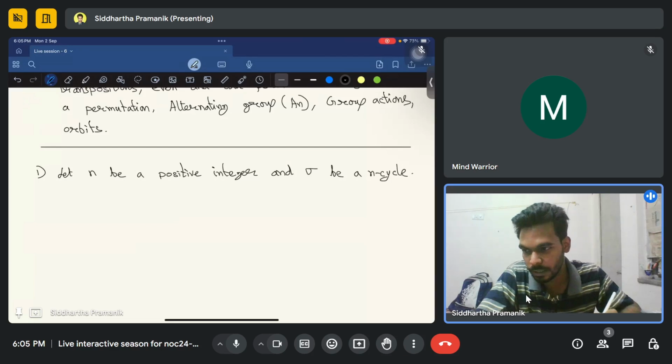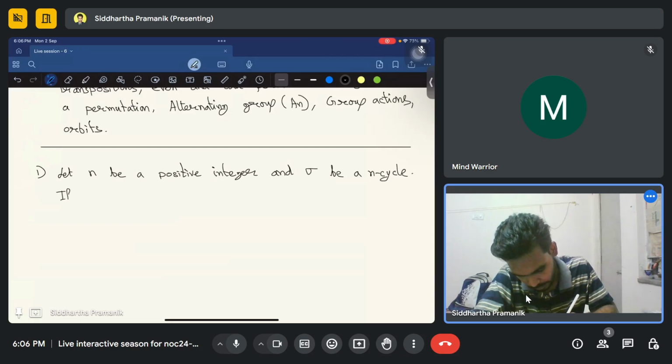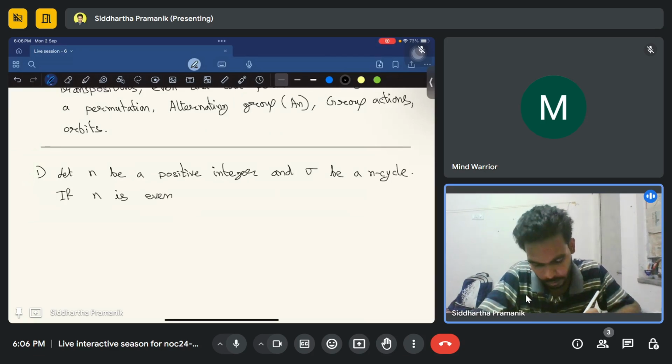So the question is, if n is even, then is sigma an odd permutation or an even permutation?